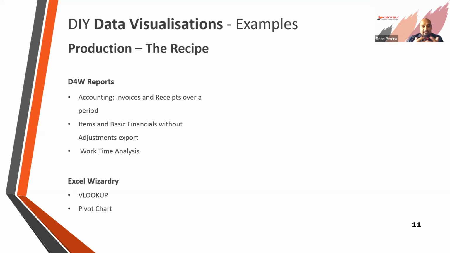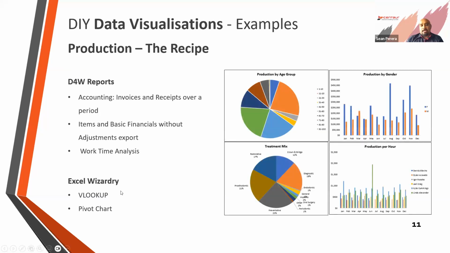If you are an intermediate Excel user, you may already be familiar with VLOOKUPs and pivot charts. So once we put all that together, the first step is running these reports and exporting them into CSV or Excel format, and then importing them into an Excel spreadsheet, and using these little features, we can get something like this.